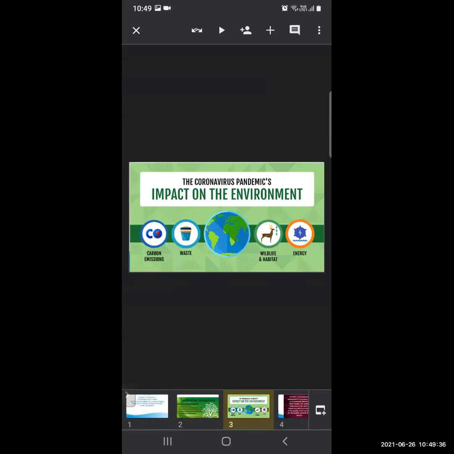Oxygen level increased and carbon emission decreased because of very little vehicular use. Then waste management, wildlife and habitat, and energy. So with this coronavirus pandemic, the impact was somewhere good, somewhere bad.